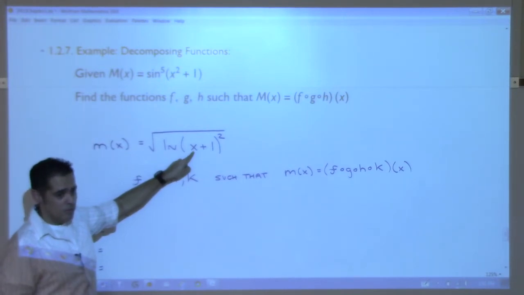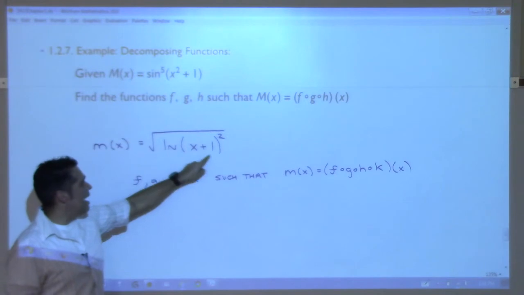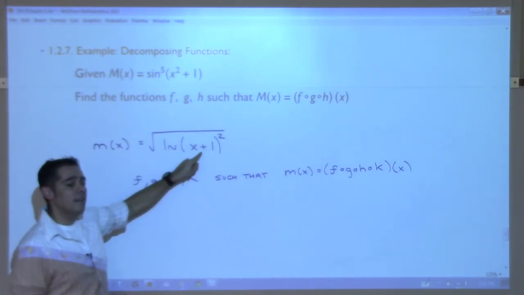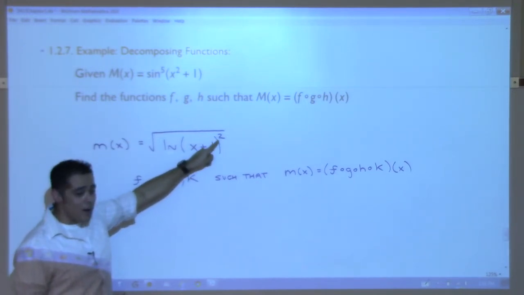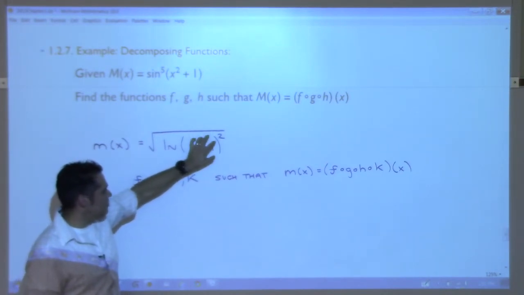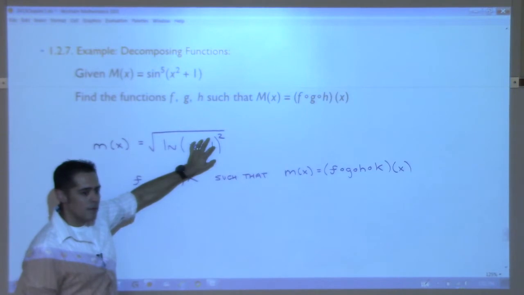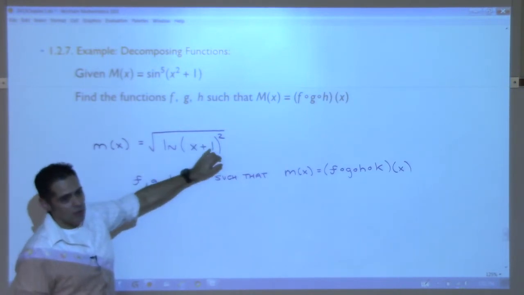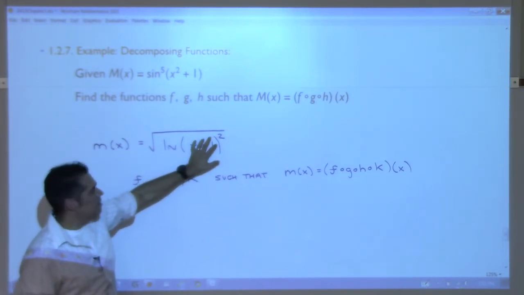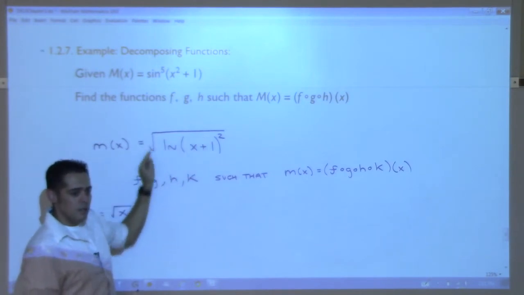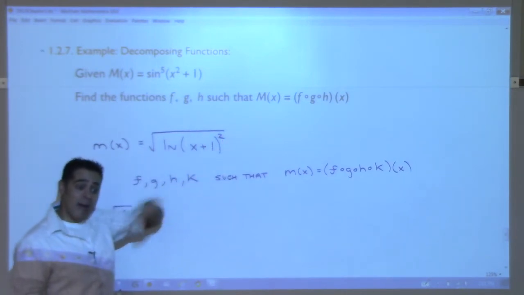You would add the 1. Now what would be the next thing you would do? You would square it. So now you've got something sitting here, right? Now what would you do? You would take the natural log. It's not multiplication, but you would take the natural log. And then the last thing you would do would be the square root. That's what we're doing, but we're working backwards now.